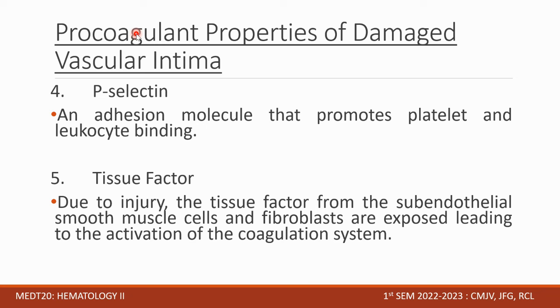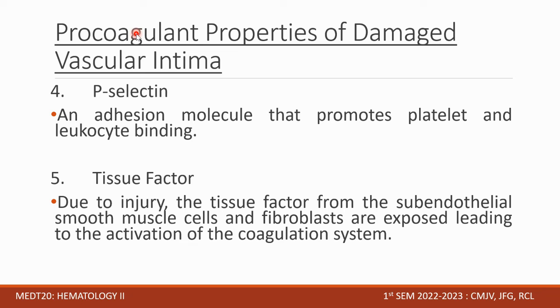We have the P-selectin. It is an adhesion molecule that promotes platelet and leukocyte binding. And then we also have tissue factor. Due to injury, the tissue factor from the subendothelial smooth muscle cells and fibroblasts is exposed, leading to activation of the coagulation system. Okay?